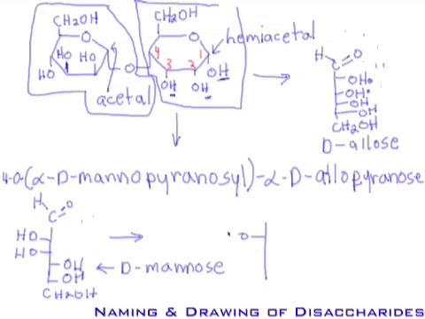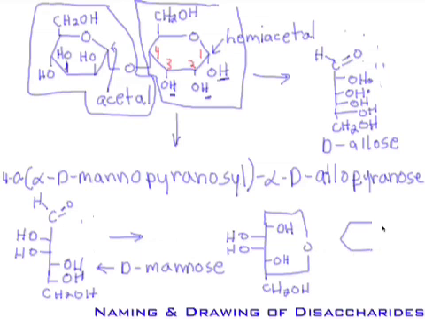So I'd convert this guy to this. And remember, in the Fischer, the alpha means on the same side as the reference, and the reference oxygen is the one being cyclized. So the new anomeric OH points there. And then I'd use this to generate my alpha D mannopyranose.